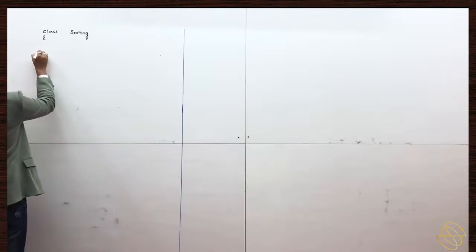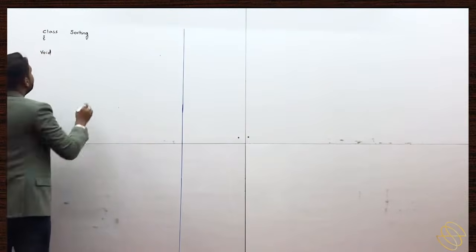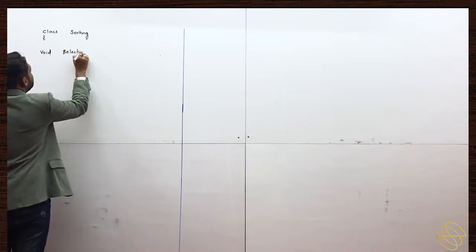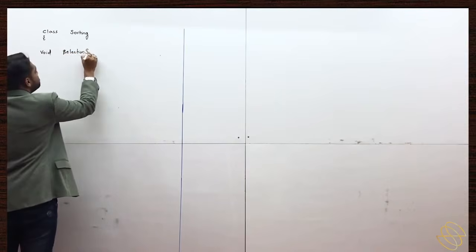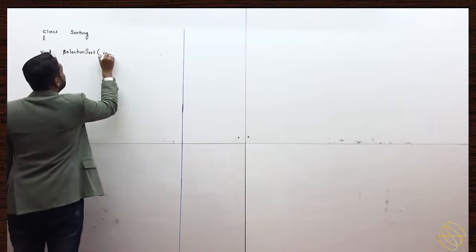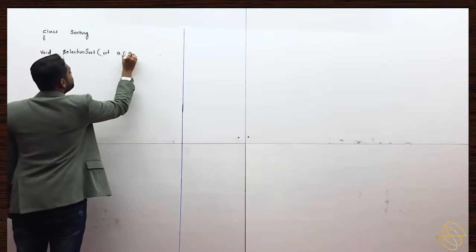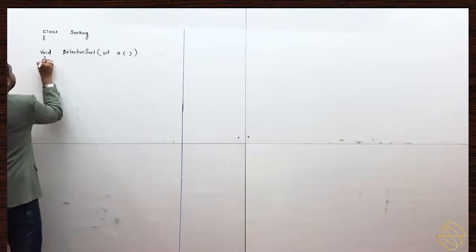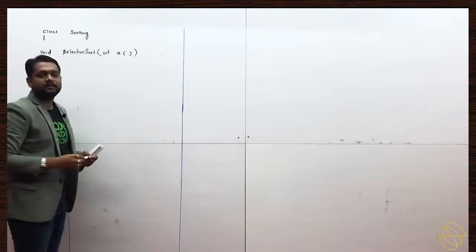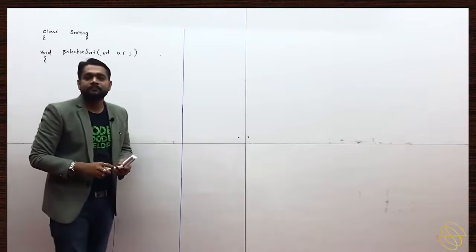I have one method which would return nothing, which would have the name SelectionSort, and which would accept one integer array A as the parameter. Done. A is an array of integer, it is integer array A. That is what would happen.